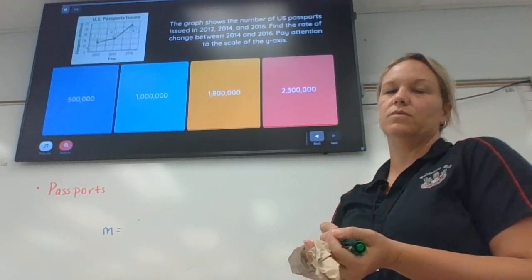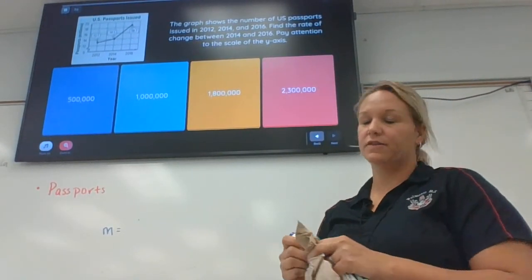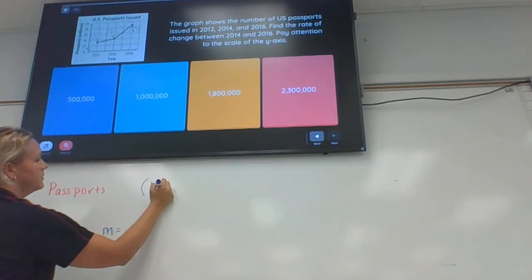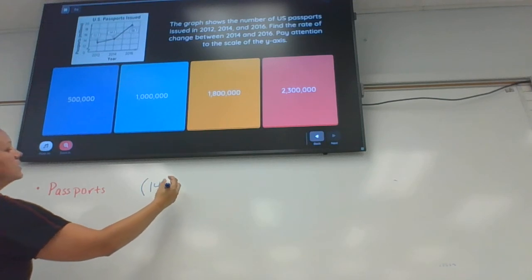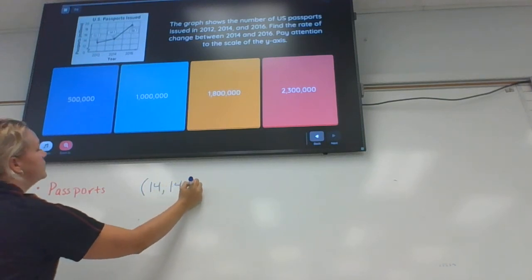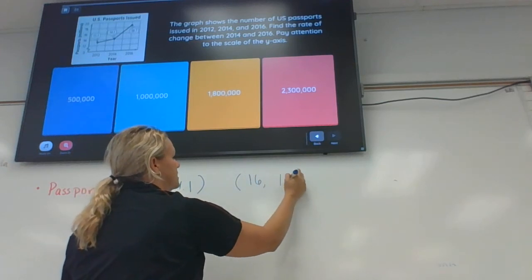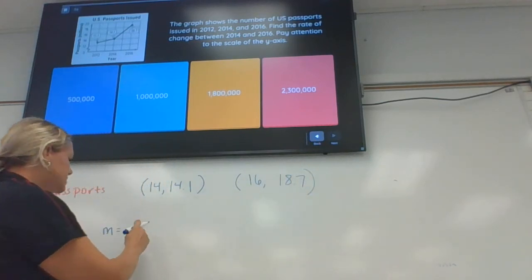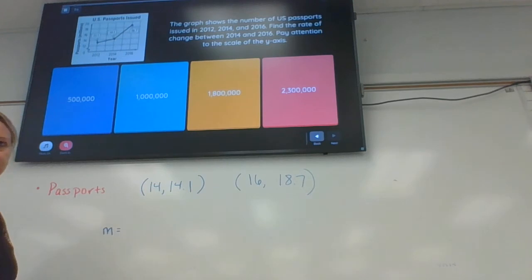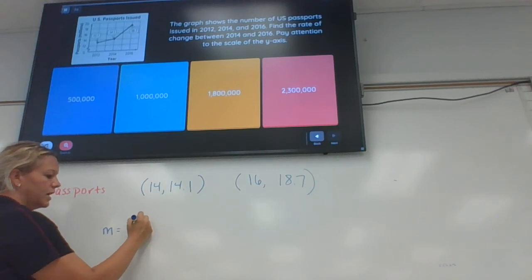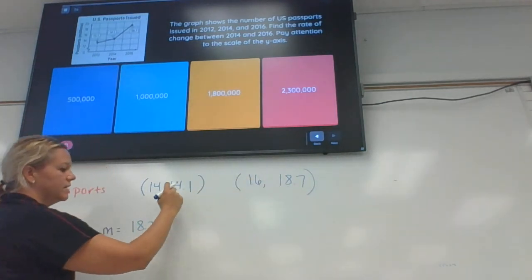Joseph, can you see the graph? So my first ordered pair is going to be 14 comma what? 14.1. My second ordered pair will be 16, 18.7. Can you please set up the formula for me? We're actually going to do the second one minus the first one.